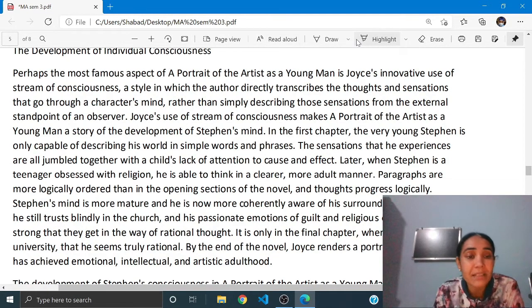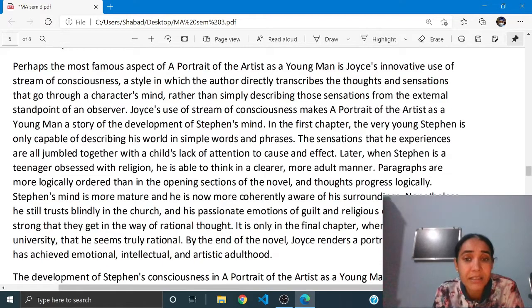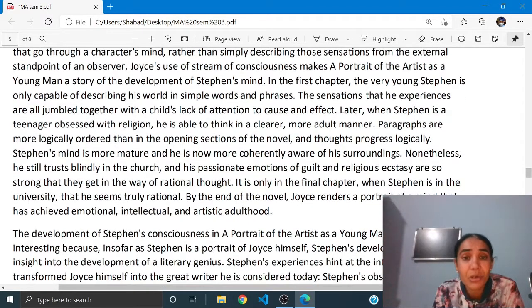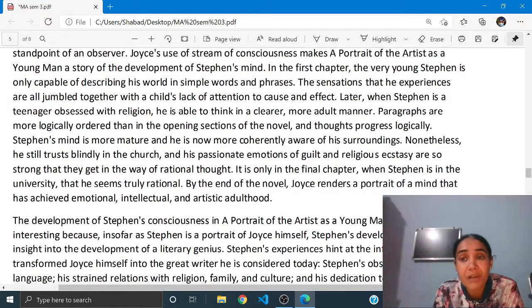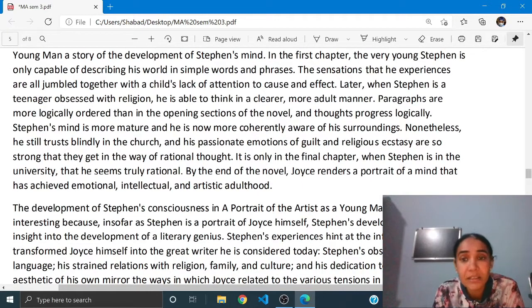Stephen's mind is more mature, and he thinks very coherently about his surroundings. Still, there are instances where he trusts blindly in the church, and his passionate emotions of guilt and religious ecstasy are so strong that they get in the way of his rational thinking.